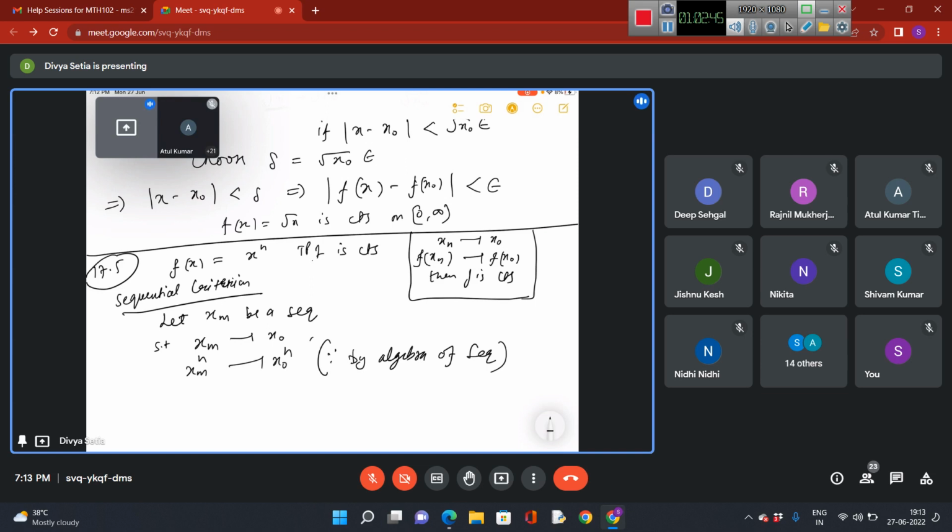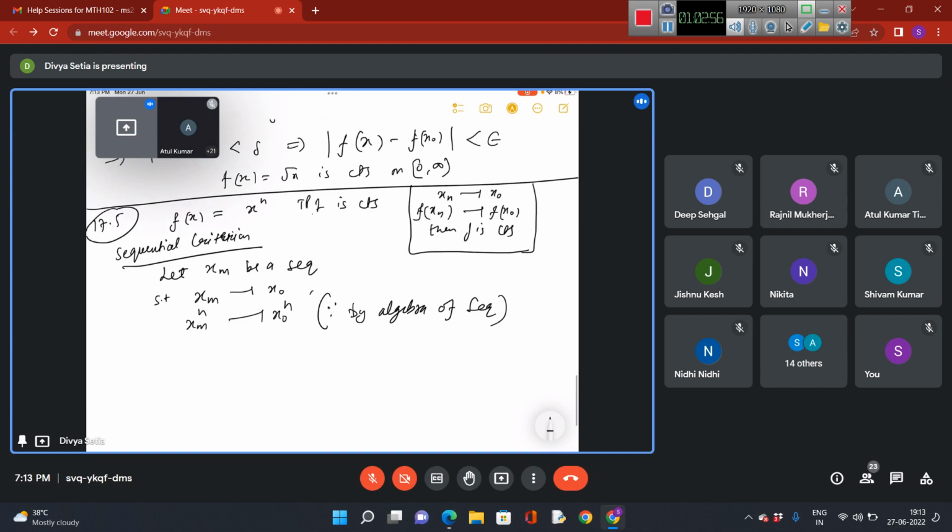Product of sequences converges to the product of the limits, right? So now f of xm converges to f of x naught. Therefore f is a continuous function.